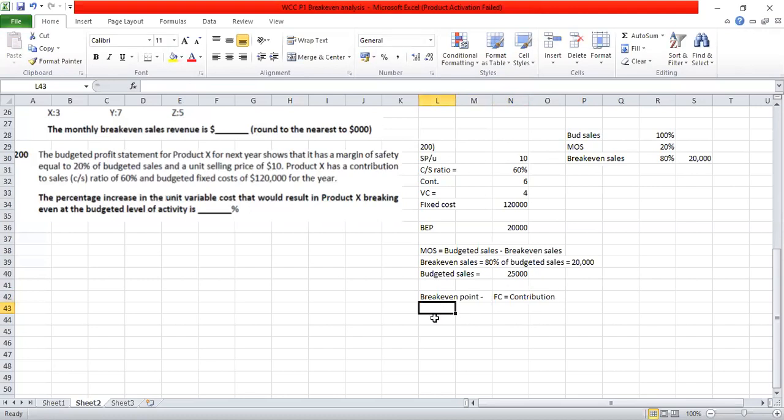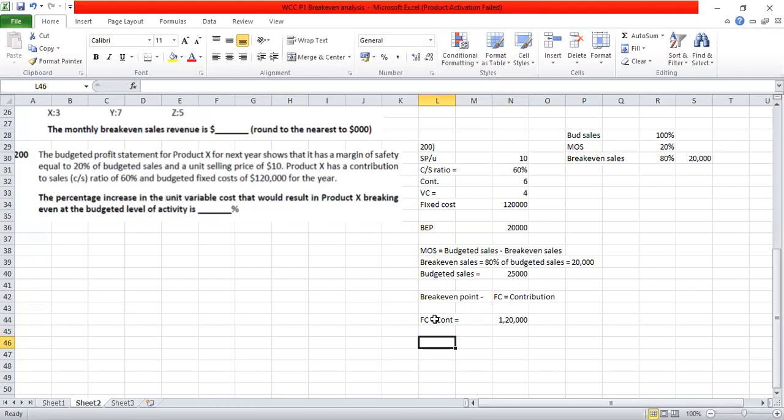Fixed cost is equal to 120,000, so contribution also should be equal to 120,000. So now they have to earn a contribution of 120,000. At 120,000 contribution only, break even point happens.